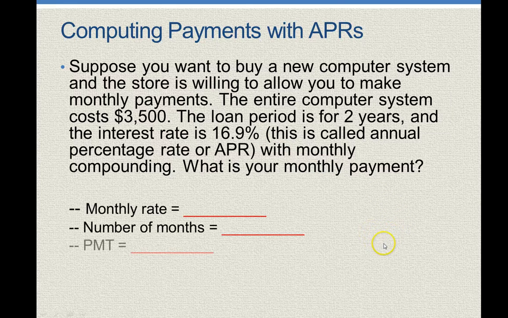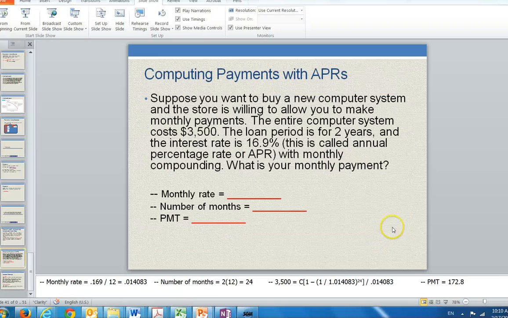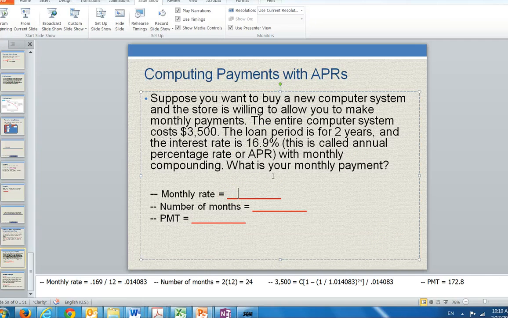Okay, so let me fill in these blanks and give you the final answer. I believe by now you should be comfortable solving this type of question. So the monthly rate, again, is 16.9% divided by 12. Based on our discussion, we just put the number like that. We do not directly calculate this number.